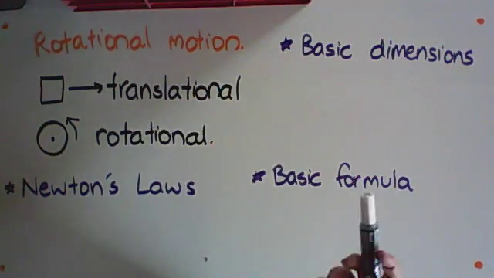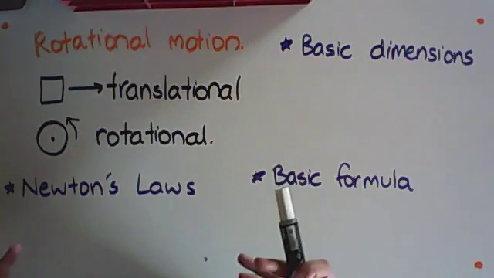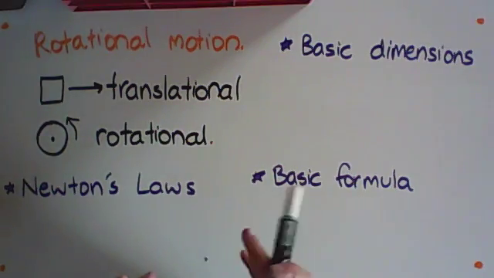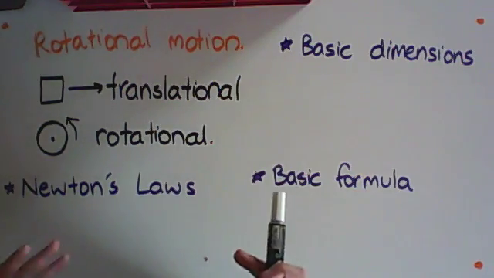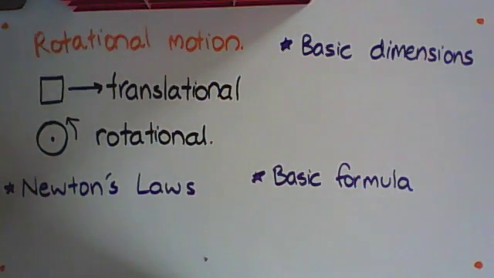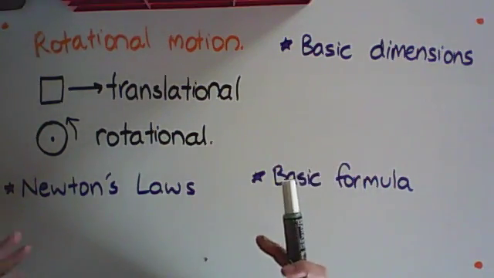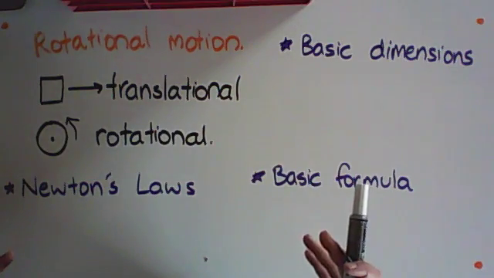We've learned that objects that spin don't deviate as much from their desired trajectory, and we're going to learn why in rotational motion. We also learn about why the distribution of mass is so important when something's spinning.